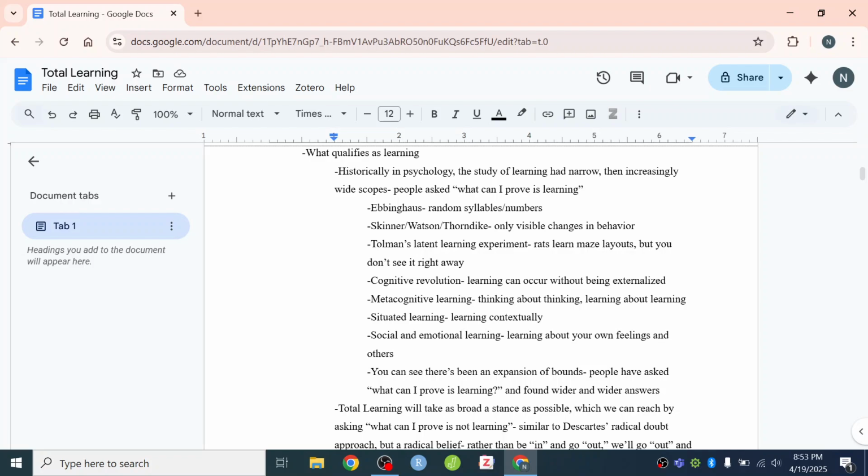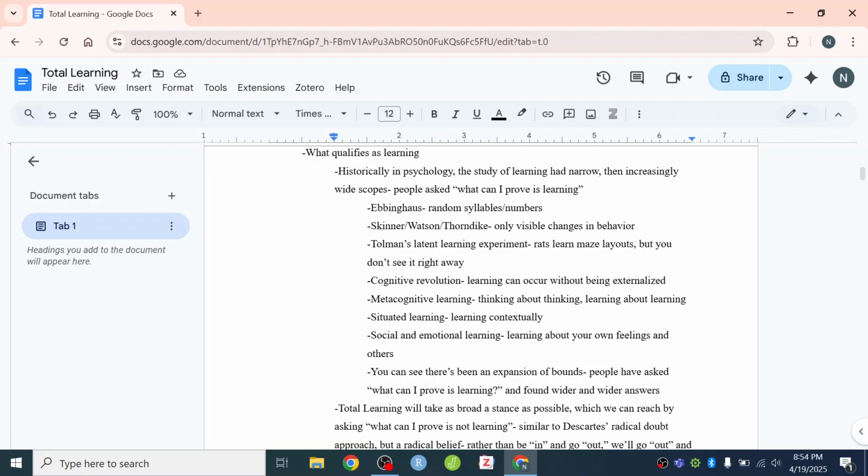At the beginning of the study of learning in the psychological sciences, they believed that they could only prove a very narrow set of things and behaviors were evidence of learning. They could only accept a narrow set of behaviors as evidence of learning. And the evidence that could be accepted, again answering the question what can I prove as learning, has been steadily expanded in different directions by different researchers.